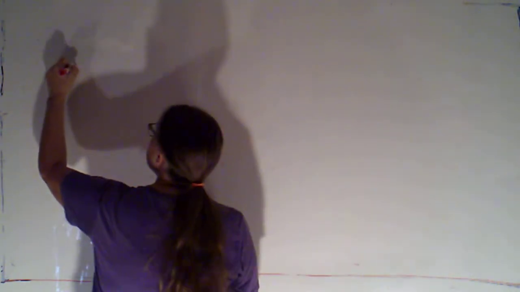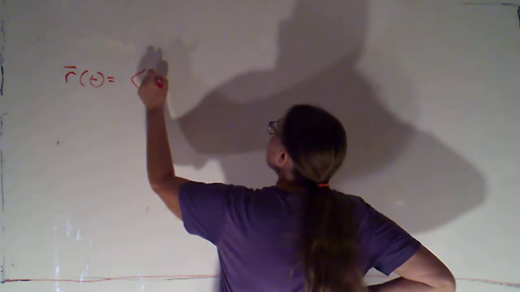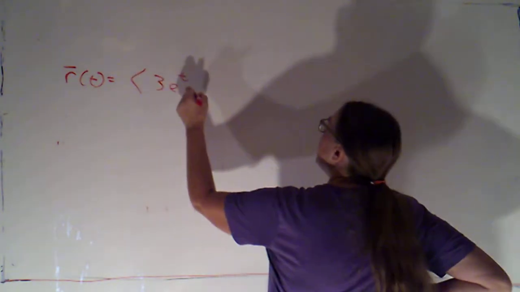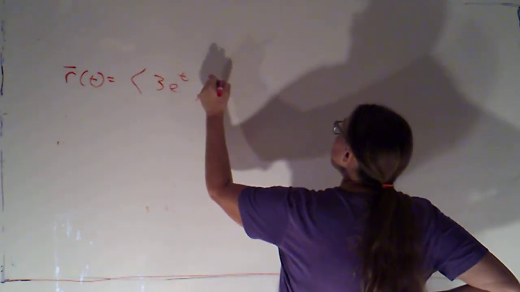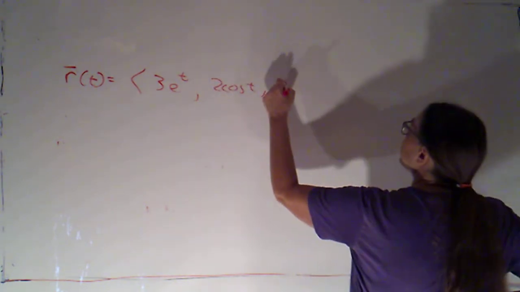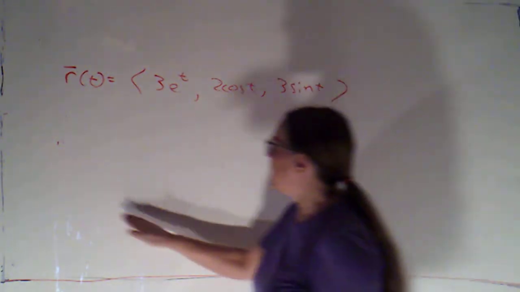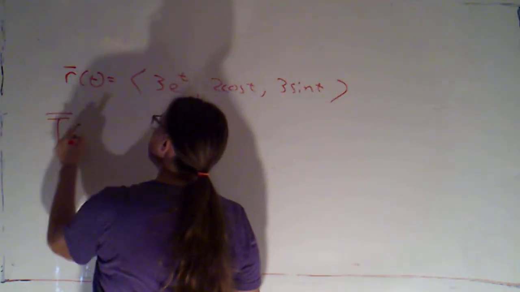Let's just try an example of calculating that. Let's suppose that r of t is 3e to the t, 2 cosine t, 3 sine t. And I'd like to just find T of 0.